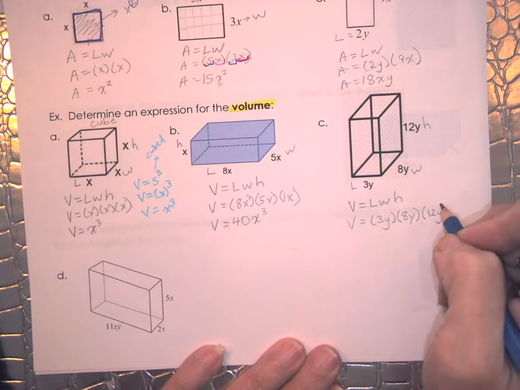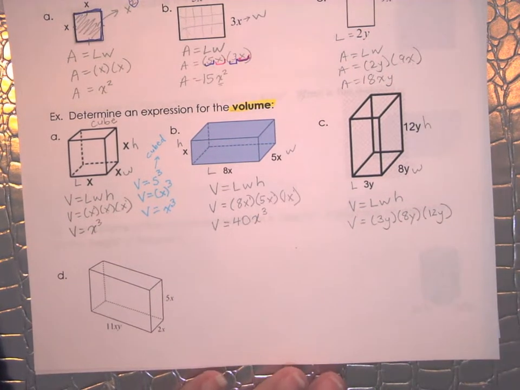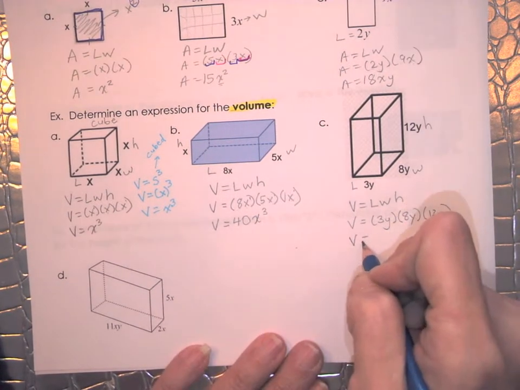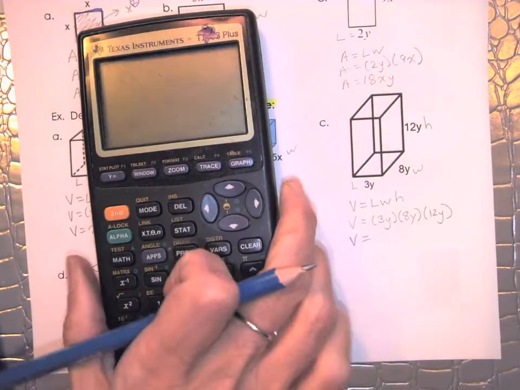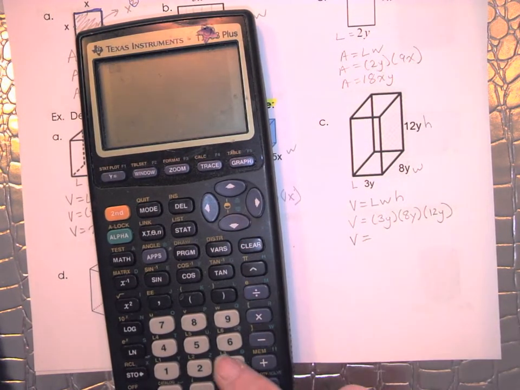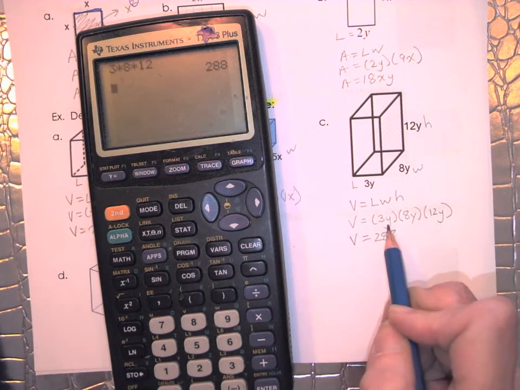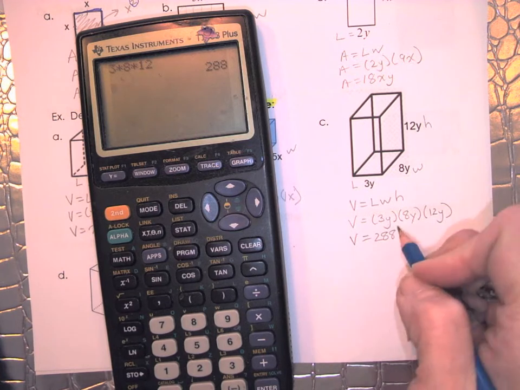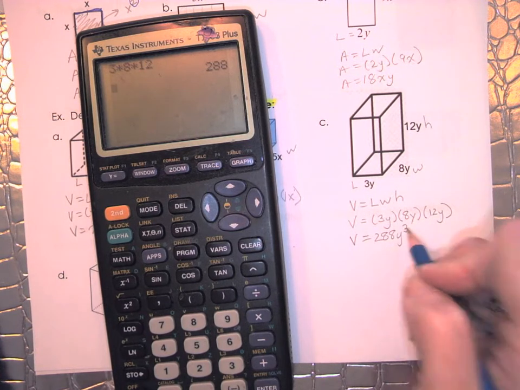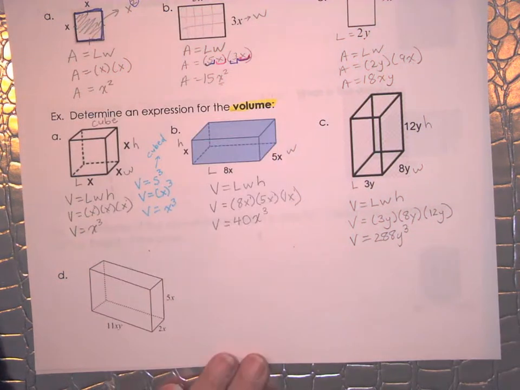And brackets beside brackets mean multiply. So now you're going to multiply 3 times 8 times 12. So 3 times 8 times 12, multiplying the coefficients, gives me 288. And then y times y times y is y to the power of 3. Keep the base and add the exponents.